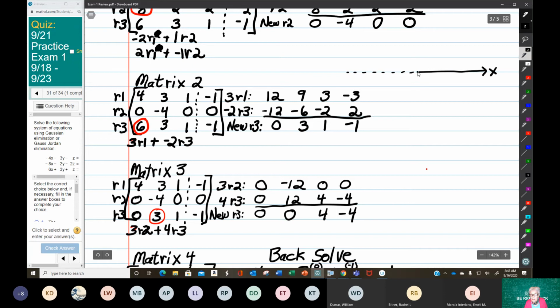Now I'm going to do this at a slant, but it's for a reason. If this is the y-axis, then this is the negative y-axis. If this is the z-axis, then this is the negative z-axis.